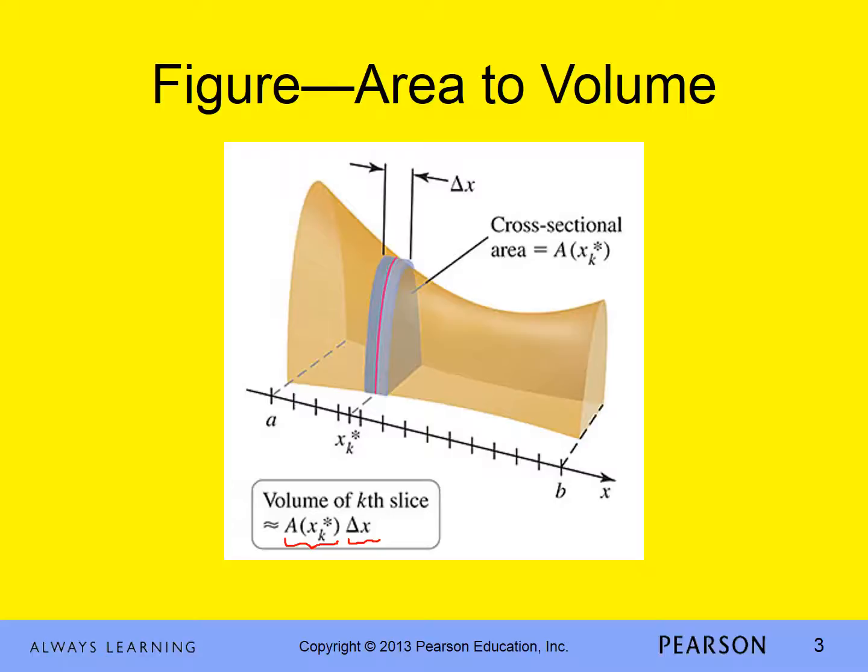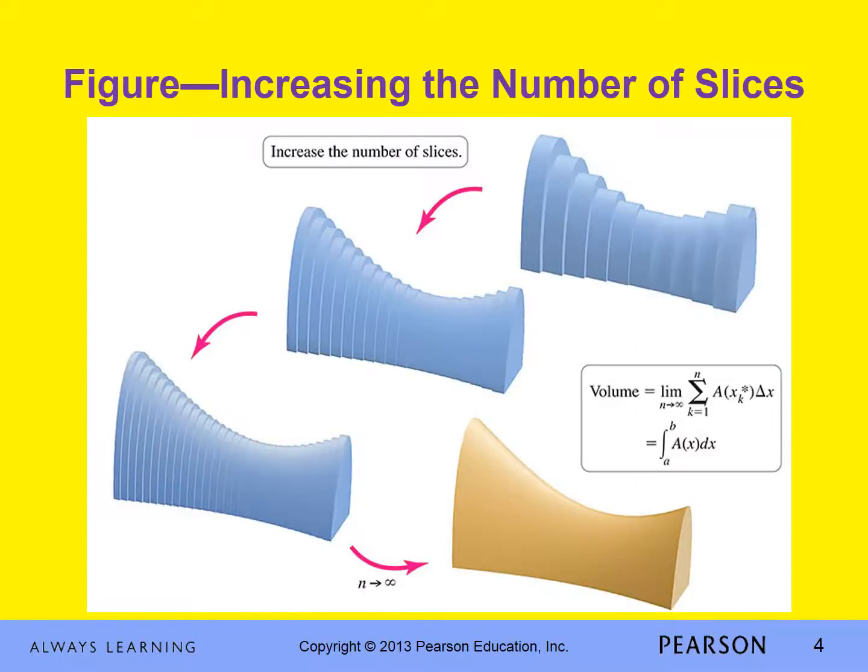And so now if we add the volumes of all the slices, we can approach the volume of the entire solid. And of course that approximation will get better and better.